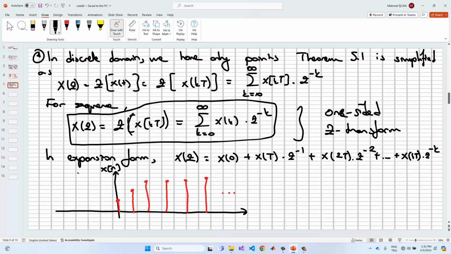Okay, and so this region is depicted with z to the 0 in here. Okay, and so this is z to the minus 1, z to the minus 2, z to the minus 3, z to the minus 4, and so on. Okay, and so this is our representation of the discrete time signal response.